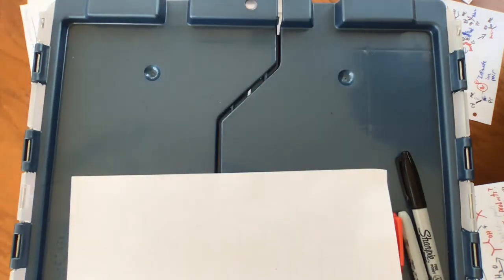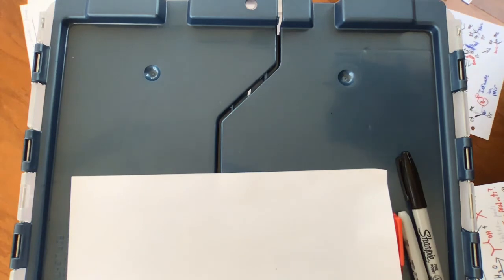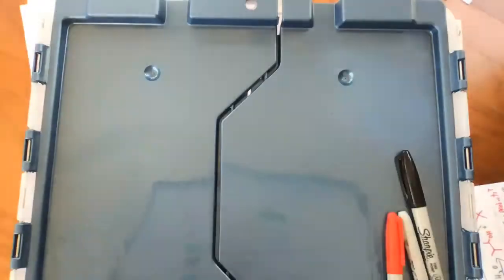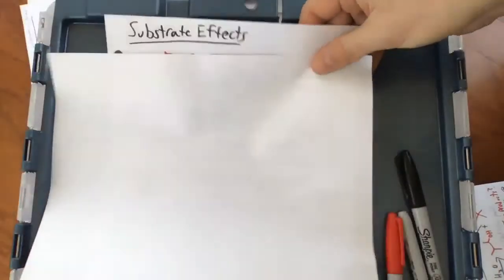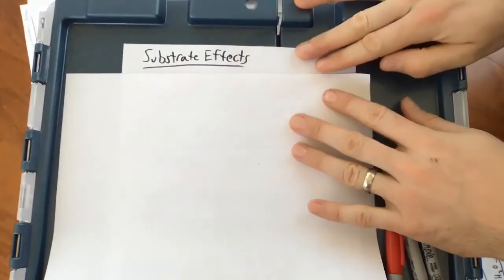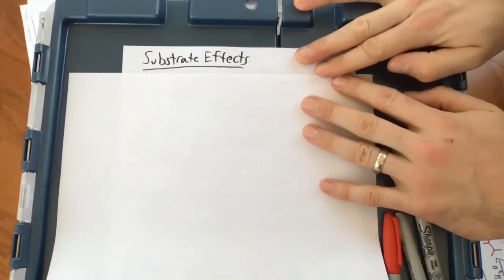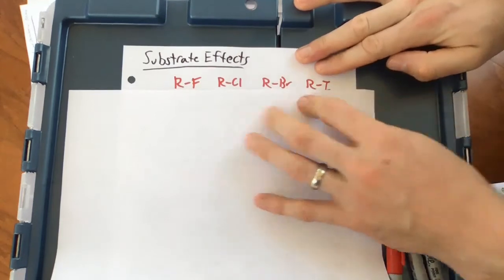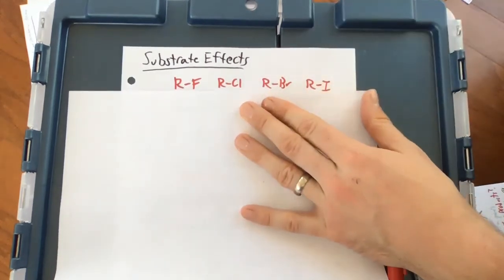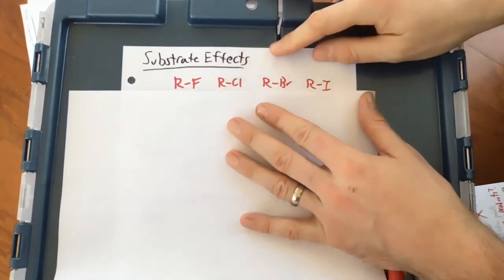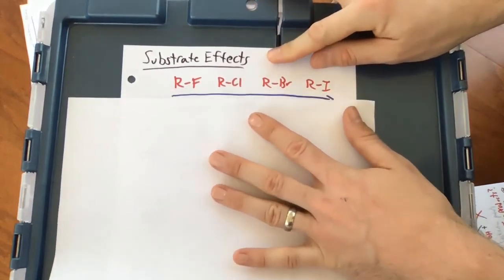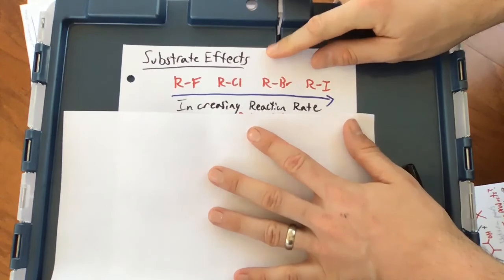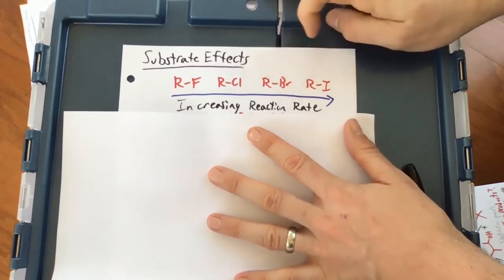So we know how solvent affects SN1 and E1 reaction rate, but what about substrate effects? What about the molecules themselves affects the reaction rate? If we look at substrate effects, let's first look at the leaving group. If we compare these halide anions and try to find out how their identity affects the reaction rate, what we find is that the reaction rate increases drastically going from left to right here.